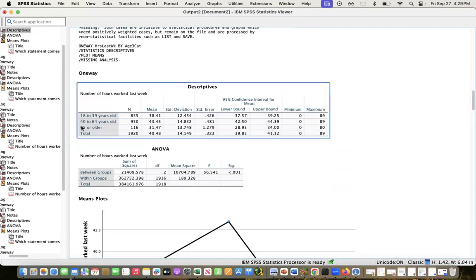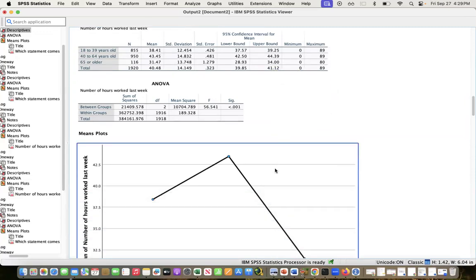Or for 65 or older, among all US adults that age in 2022, the average would be somewhere between like 29 and 34 hours. Okay.